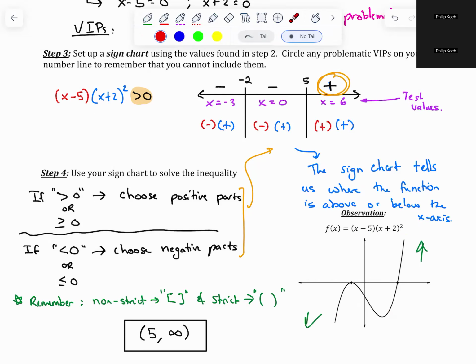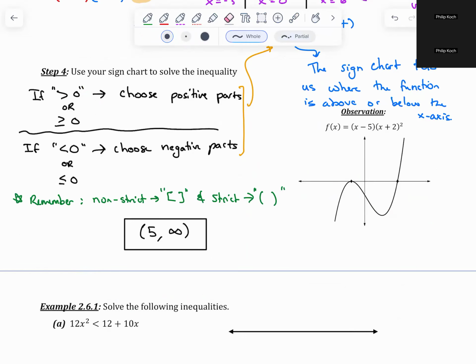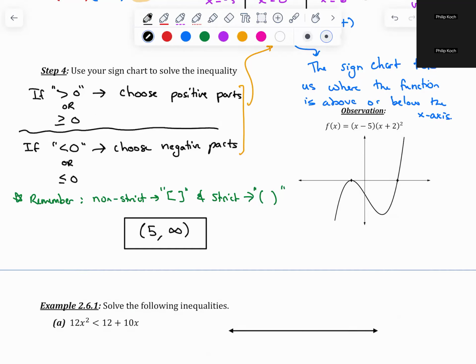But in particular, if I do that sign chart, I'm going to write it below it. Here's -2, here's 5. We saw that it was negative, negative, plus.